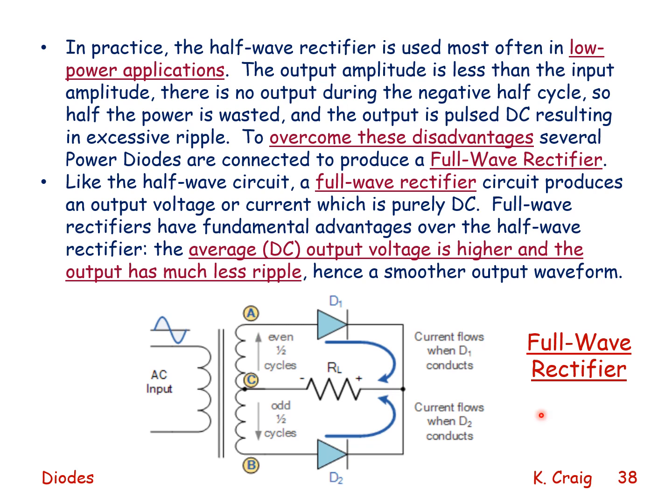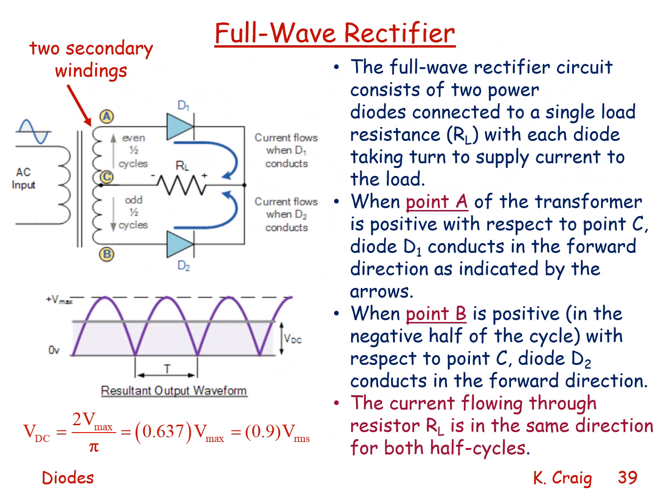Here is a full-wave rectifier with two diodes and your load resistance. Current flows here when this diode conducts. Current flows here when this diode conducts. Here we see a full-wave rectifier.